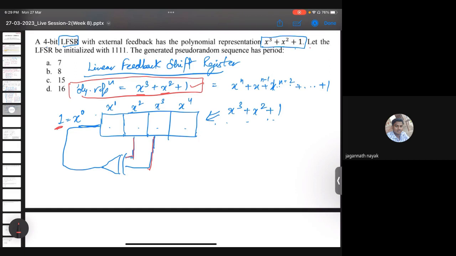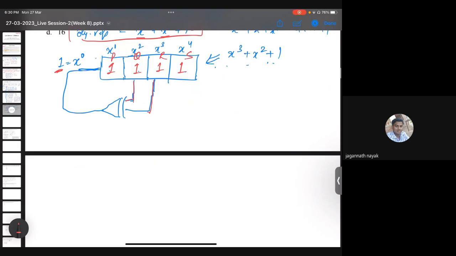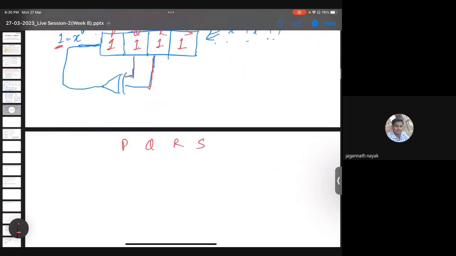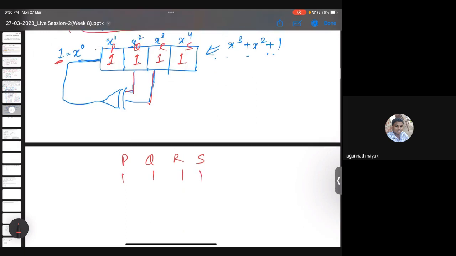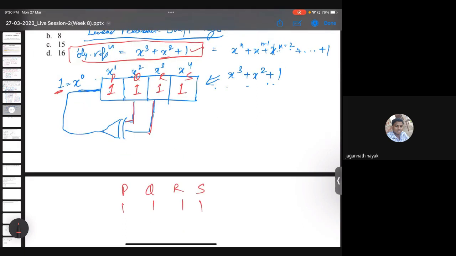Now the question says let the initial LFSR be 1, 1, 1, 1. So let me write them as PQRS, which are initially 1, 1, 1, 1. And now you can see the relation for the first bit.